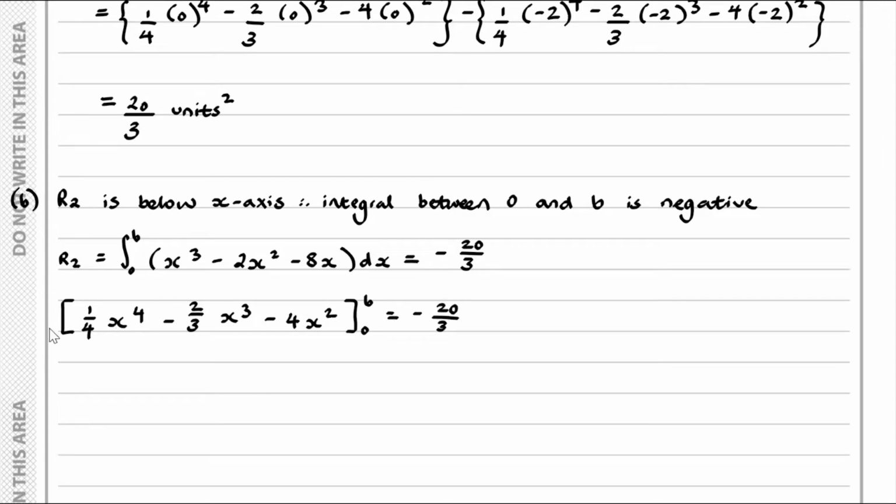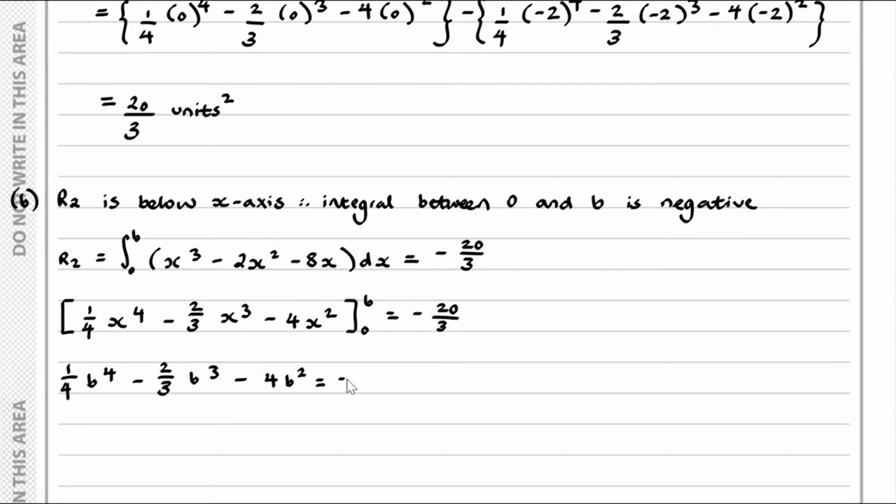And of course, for our upper limit, we would end up with 1/4 b⁴ - 2/3 b³ - 4b². Obviously for our lower limit, substituting 0 into here, we end up with 0.